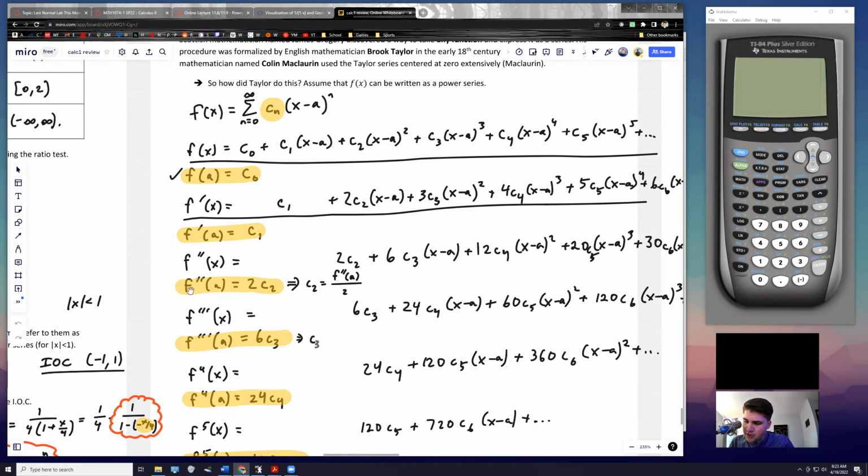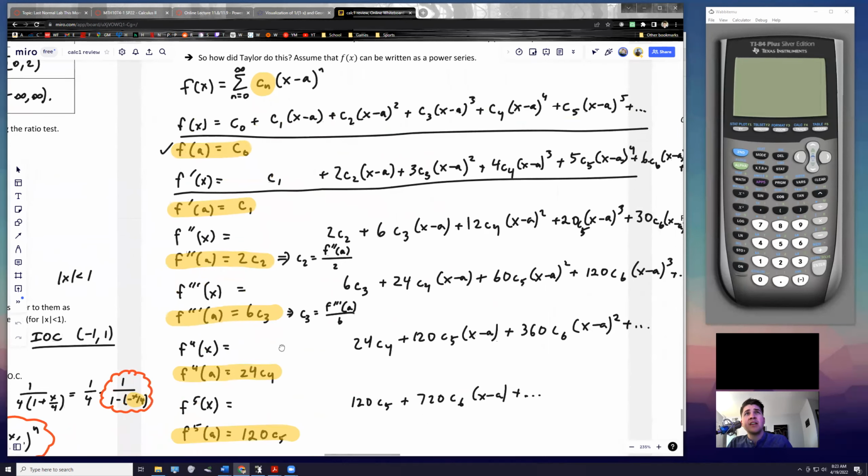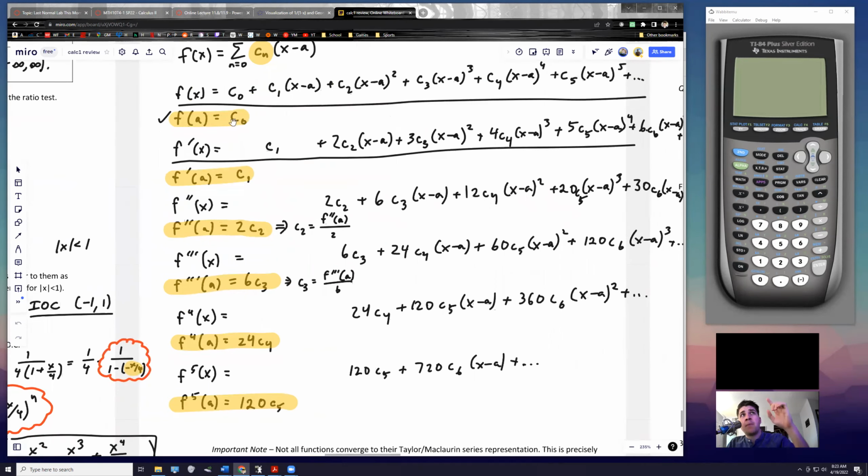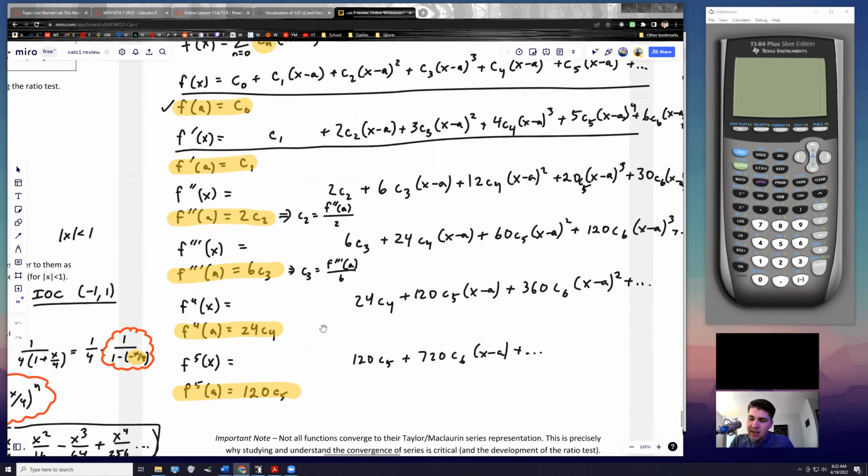The third coefficient is f triple prime of a divided by 6, and so on. But essentially, there is a pattern behind the sequence of numbers.